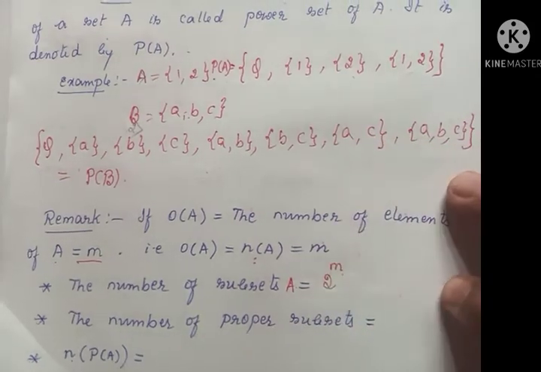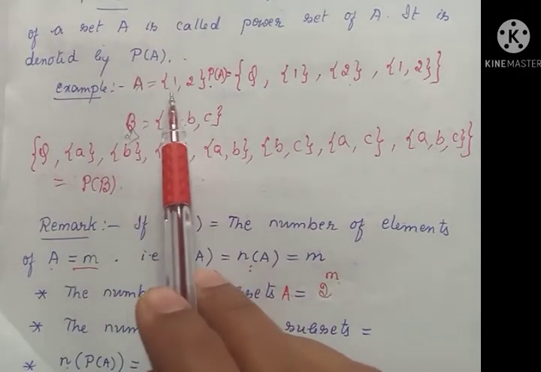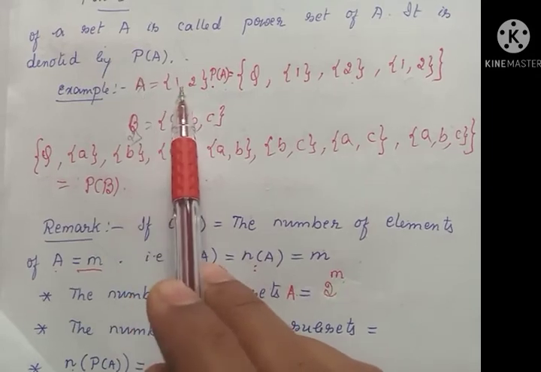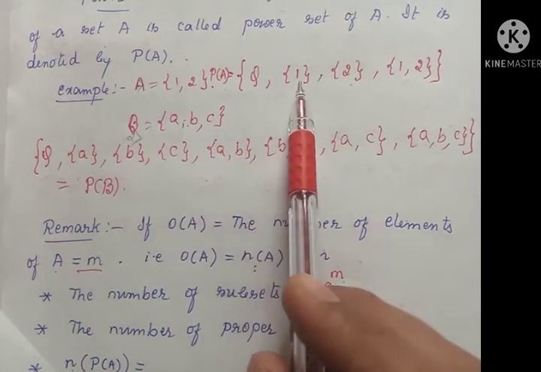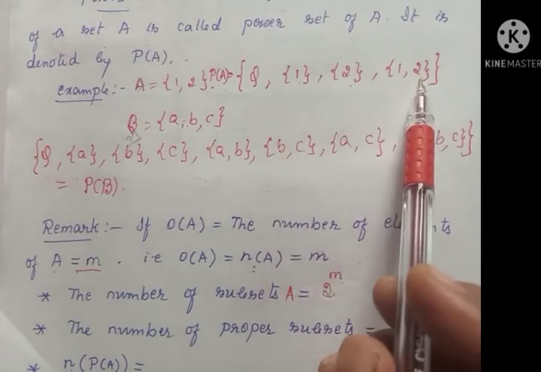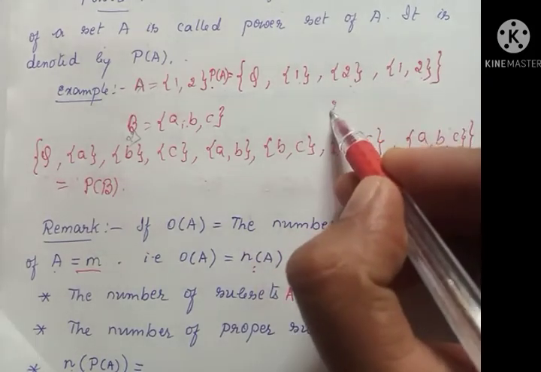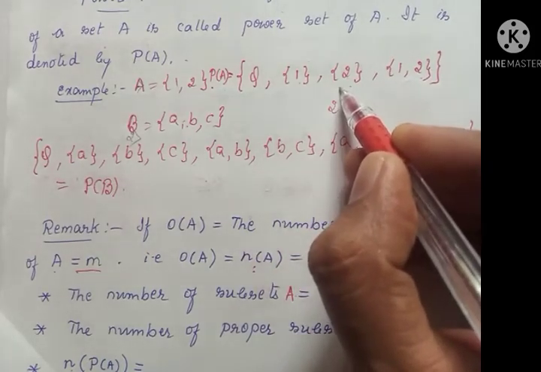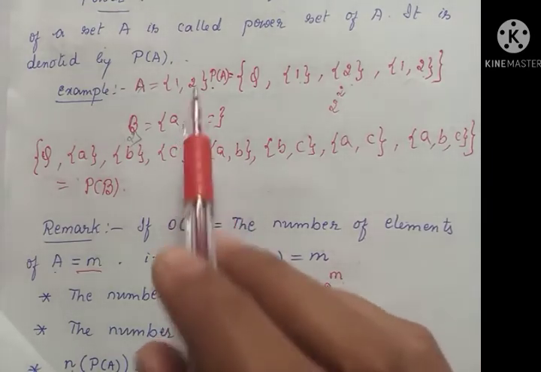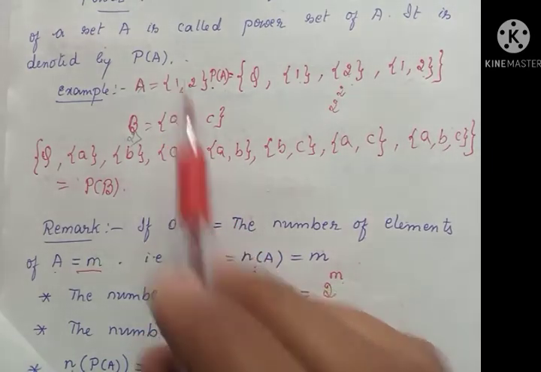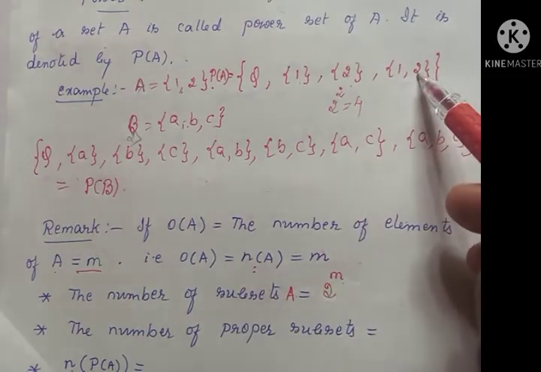We can check here itself. For the set {1, 2}, the number of elements is 2. The number of subsets, how many? 1, 2, 3, 4. So 2 to the power m, m is equal to 2 because there are 2 elements. 2 to the power 2 is equal to 4. Therefore, there are 4 subsets.